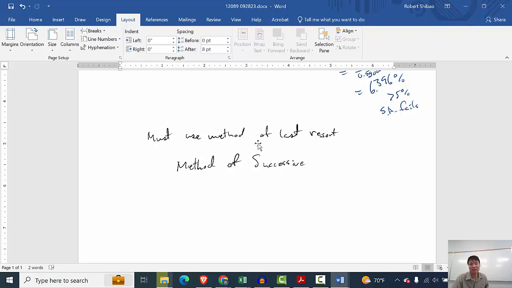Method of successive approximations, AKA the guess and check method. Now we have two K equations we could use. We could use the original K equation that we didn't reset, or we could use the reset K equation. Which one looks easier algebraically to solve? I would say the second K equation looked easier.